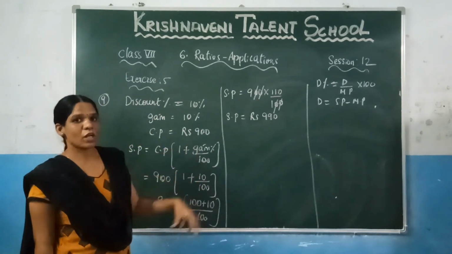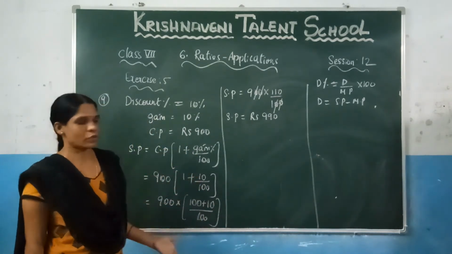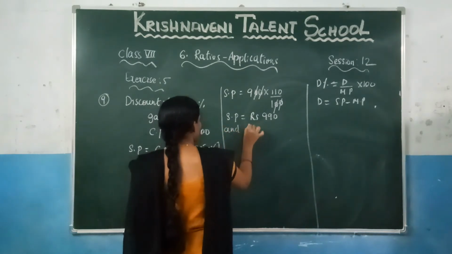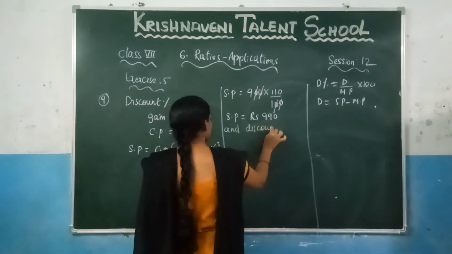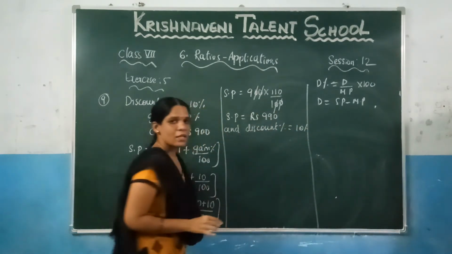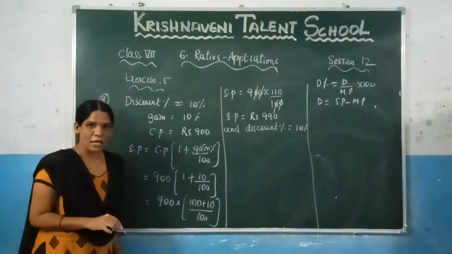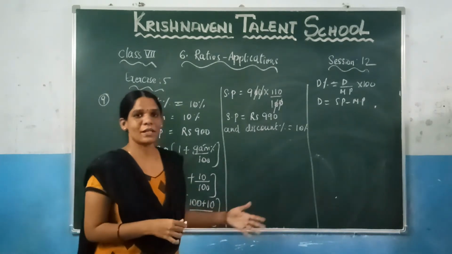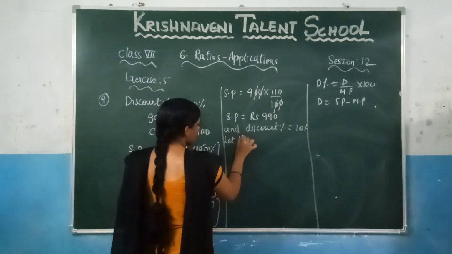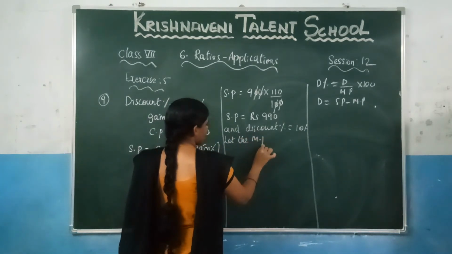Now you can follow the method that we have solved before. So you know the selling price. And what is the discount they have given? They have given the discount percentage, which is equal to 10%. Since we need to find the market price and we don't know it, let us consider the market price as some x. Let the market price be x.